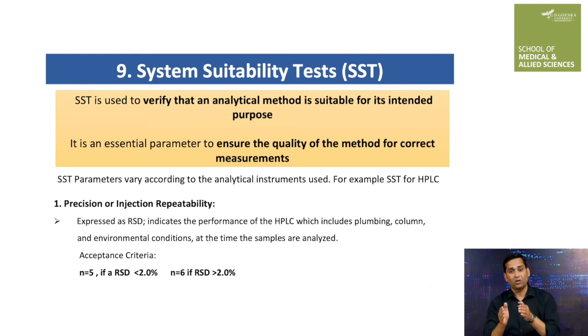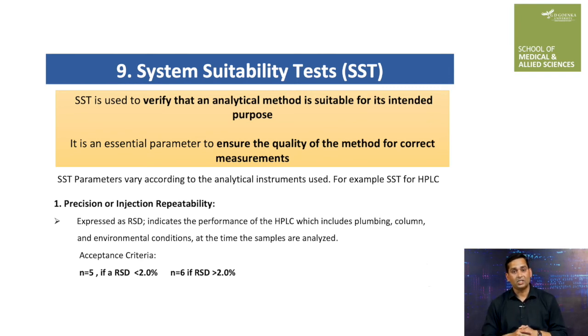SST parameters may vary according to the analytical instruments used. For example, here I am talking about system suitability test for HPLC in brief. The first system suitability test for HPLC is precision or injection repeatability, which is expressed as relative standard deviation and indicates the performance of the HPLC including plumbing, column efficiency and environmental conditions at the time the samples are analyzed.